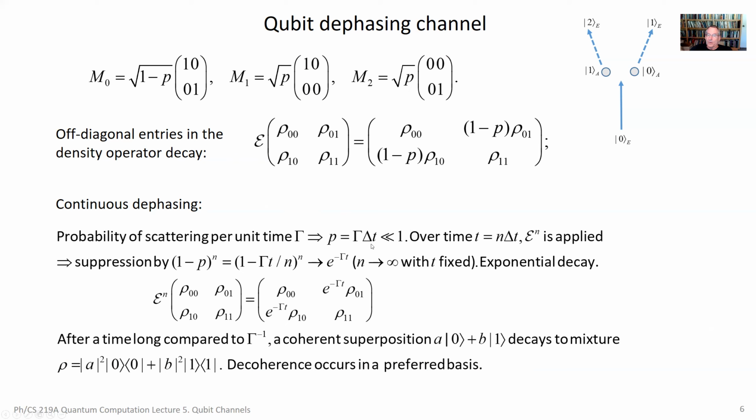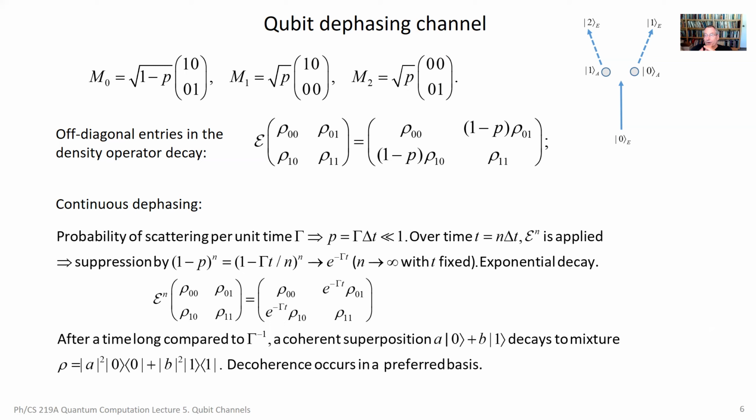So it's just going to be some number times delta t, gamma delta t. p is a dimensionless number, so gamma has the dimensions of 1 over time. I'm calling gamma that probability of a scattering event, of an error, per unit time, and I'm imagining that delta t is small enough that that probability is a small number.